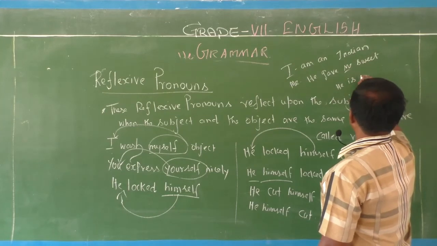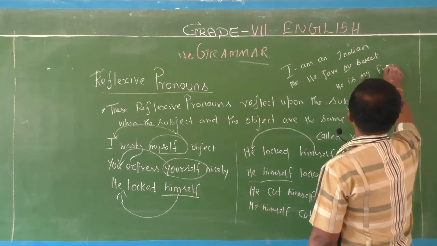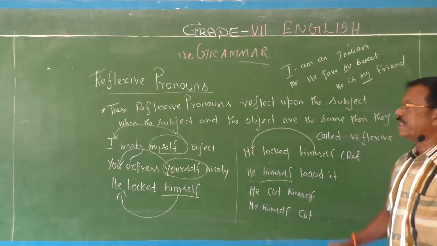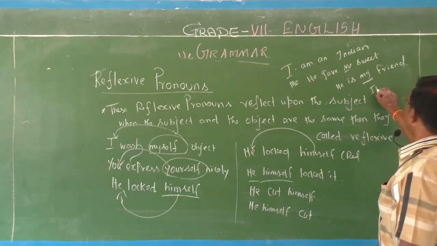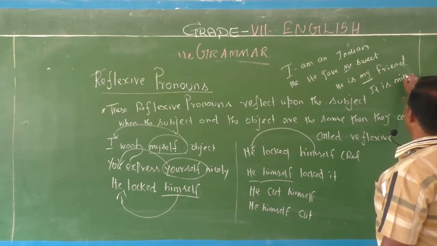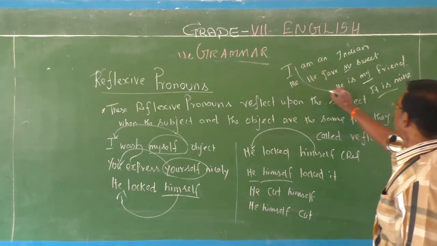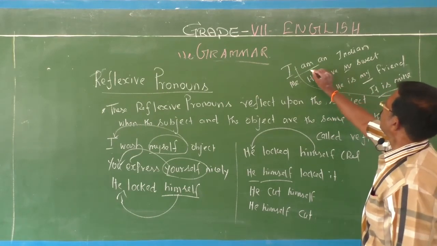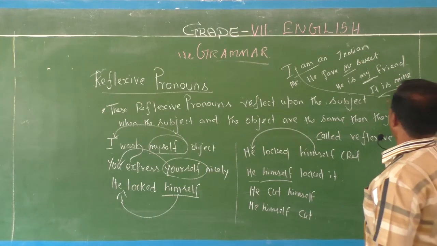He is my friend. So my is a possessive adjective. It is mine. The pen is mine, the table is mine. See, I, then me, my, and mine.